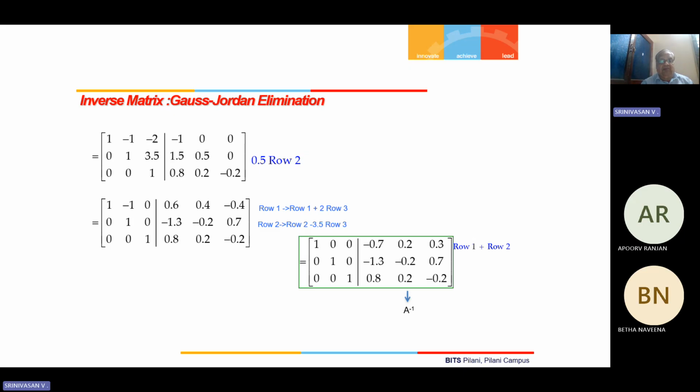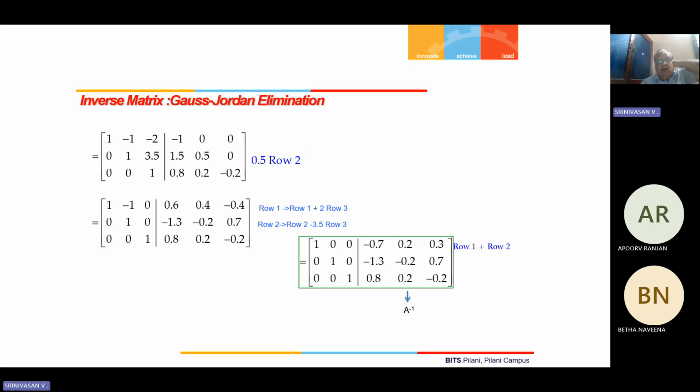Now no more simplification. So R1 you have to have 0 here, which is possible: minus 2 plus 2 times R3. Same thing you have to do throughout now. So 1 minus 1 you will have the same. This becomes 0. This is minus 1 plus 1.6, 0.6. This is 0.4 plus 0, 0.4. This is minus 0.4 plus 0, you get minus 0.4.